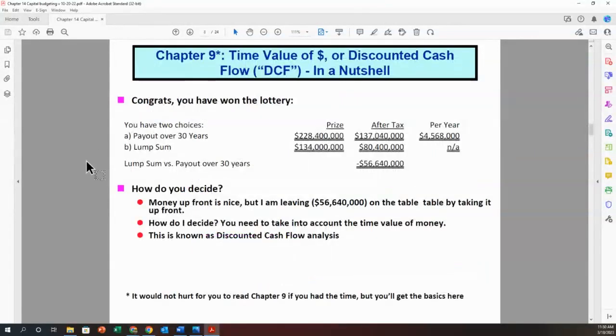So before we go any further, we have to talk about Chapter 9 and time value of money. I didn't assign Chapter 9. It's a super important concept. It's really detailed.